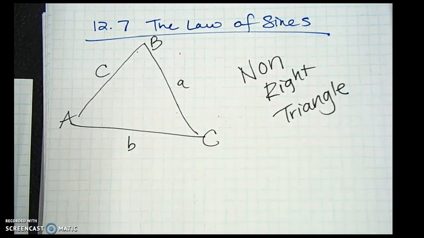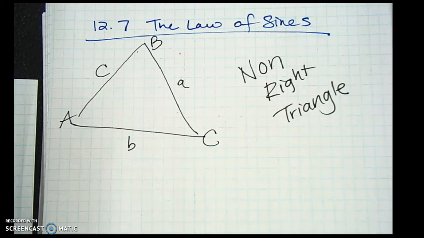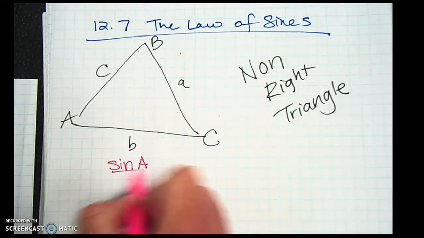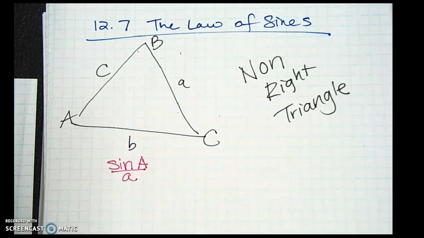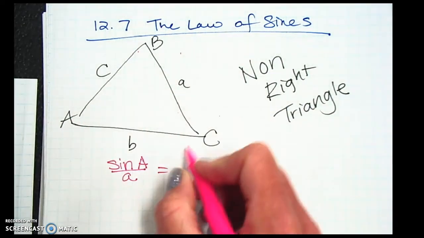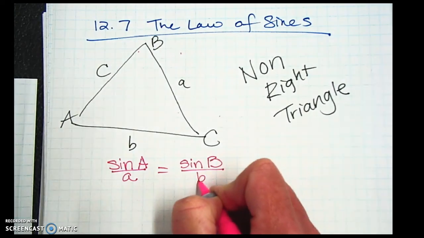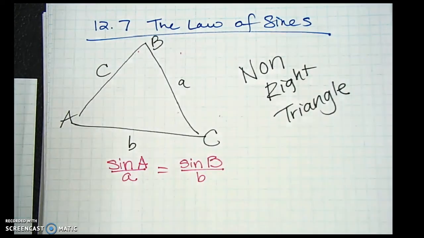And then what you're going to do is take the information that they give you and set up a proportion. Okay, so a proportion's like a fraction equal to a fraction, right? So you're going to say the sine of angle A over the opposite side A is going to be equal to the sine of B over the opposite side B. Once you set up the proportion, you'll do the cross product and you'll solve for the one piece of information that's missing, right?